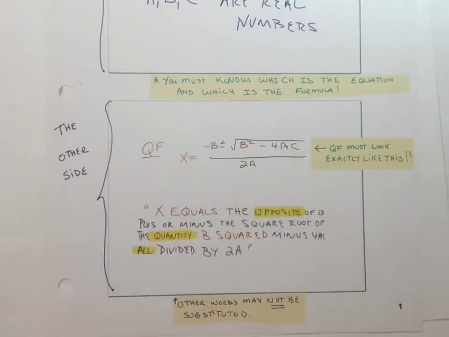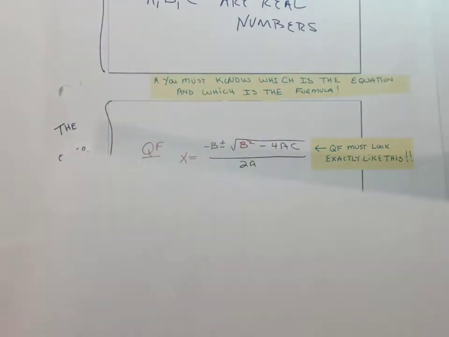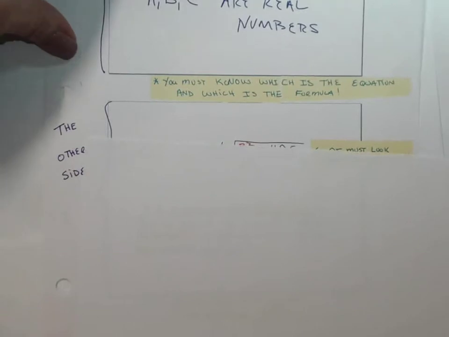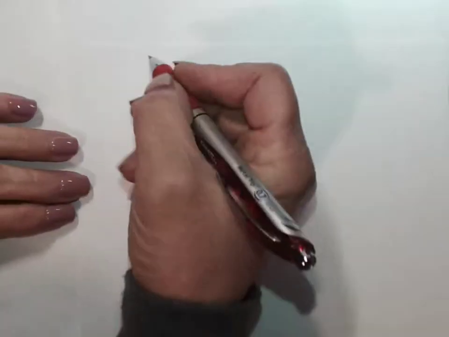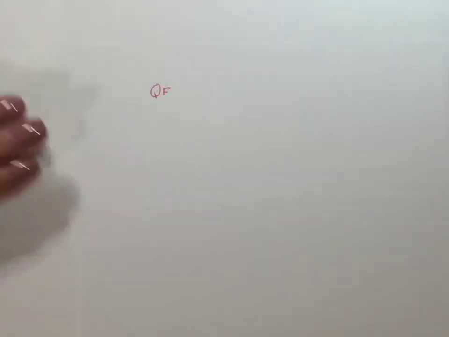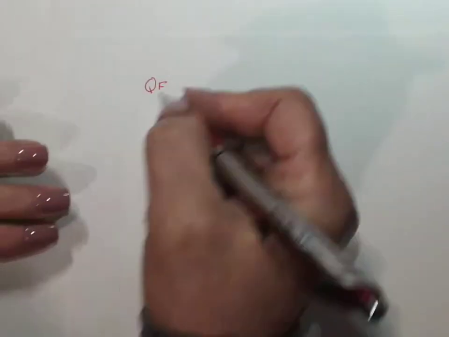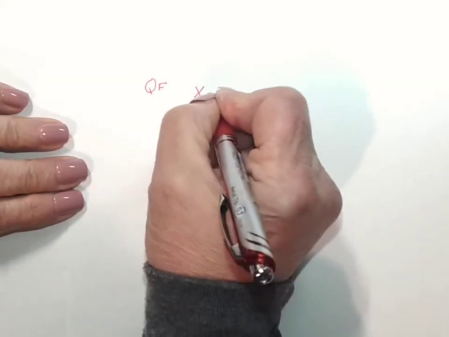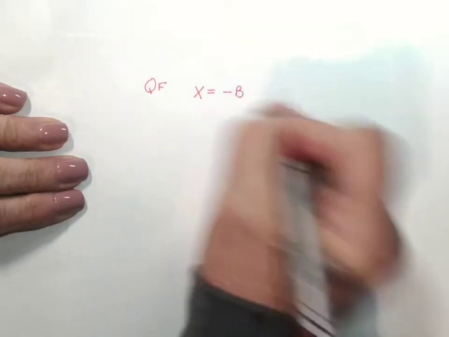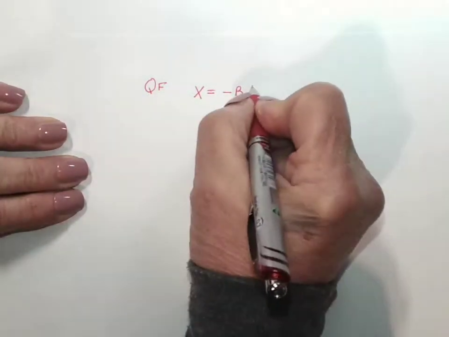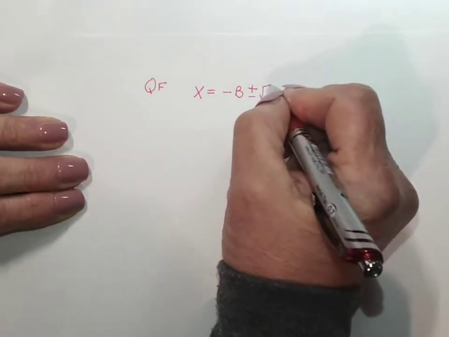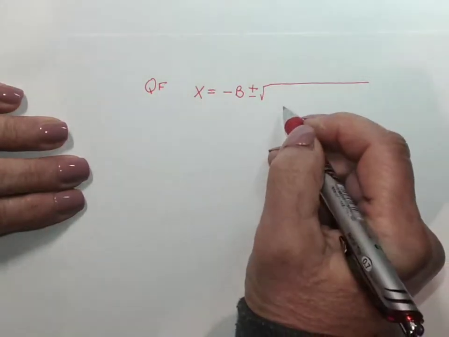And in fact, I am going to pull this away. And the quadratic formula is x equals the opposite of b plus or minus the square root of the quantity.